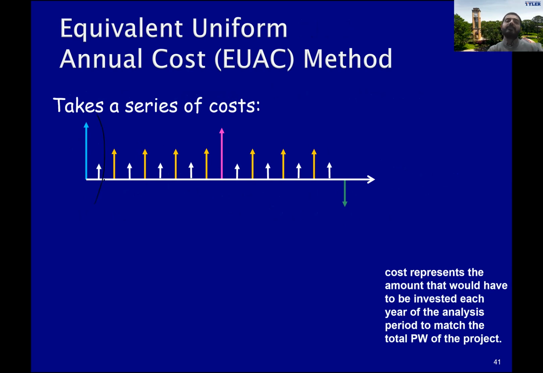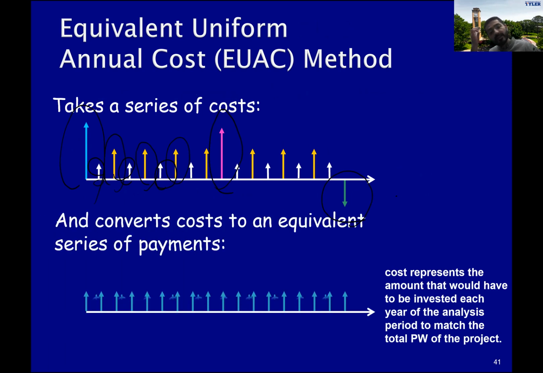I have the first cost, I have uniform routine cost, not that much. I have maybe some major cost, and even a rehabilitation cost, including the salvage. Now what I'm going to do is come up with a uniform cost. How much would it cost me per year, equivalent to these costs at different times?